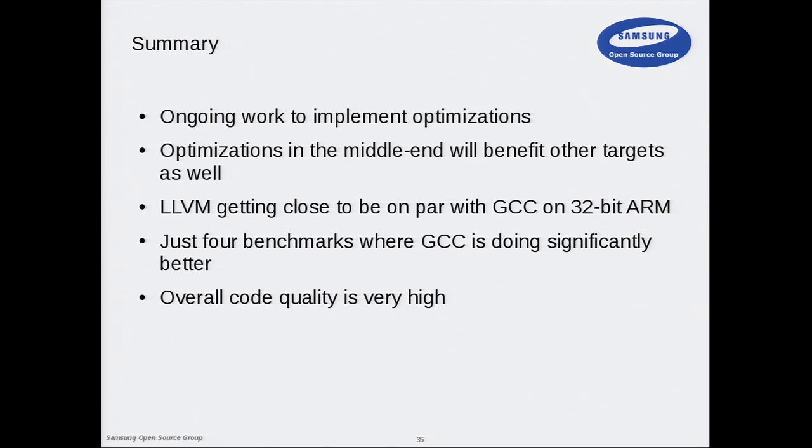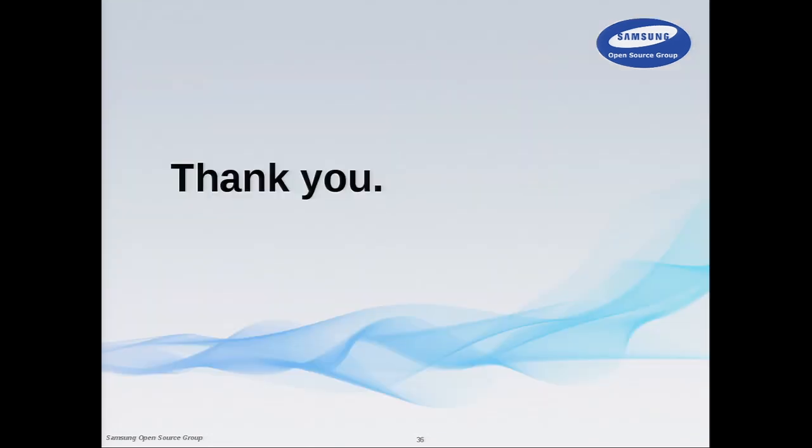And there are really just 4 benchmarks where we are significantly worse than GCC. Overall, code quality is definitely very high. It's just getting those small things worked out. And yeah, that's it.